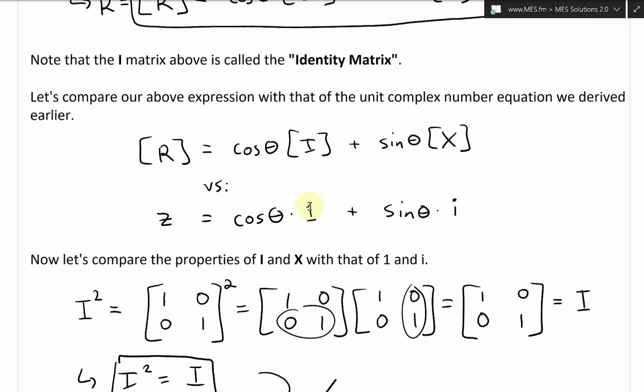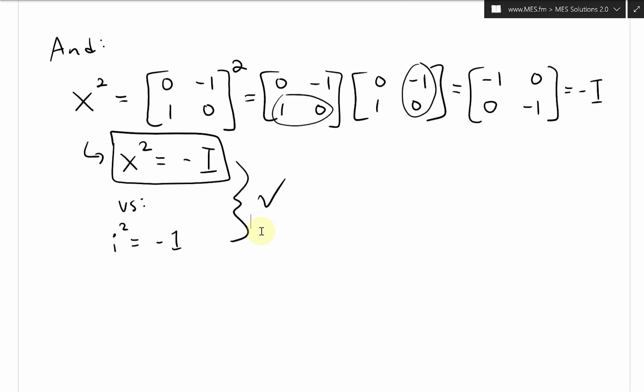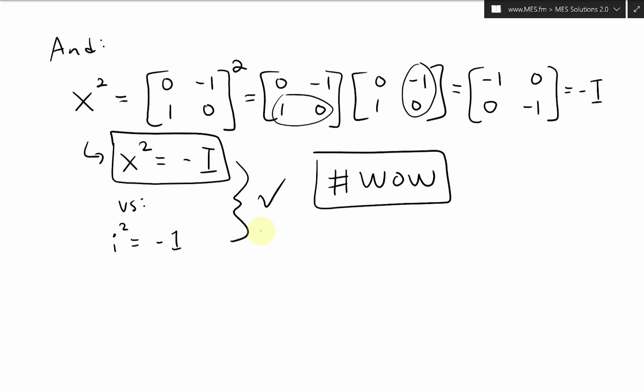This has the same property: when you square this, it's still 1. When you square this one here, you get the negative of the identity matrix, similar to when you square i, it becomes -1. So this is some interesting stuff here, and it deserves a hashtag. Wow, I was actually blown away when I found this out.